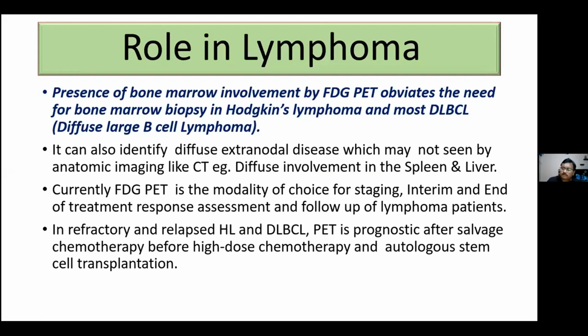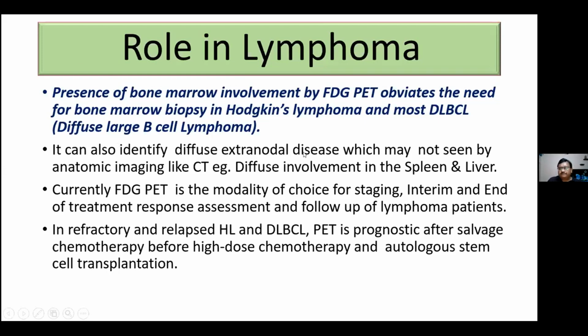Generally, when I give my reports, I write whether the marrow uptake appears normal, whether it appears discordant, or whether it appears diffuse, that is generally post chemotherapy. So in staging, I try to tell the clinician how the marrow uptake is. Though a radiologist may still have a view that marrow is better seen on MRI, I think PET CT gives a very nice view of the marrow, and once it is heterogeneous or focal, we are able to tell that marrow is involved. So this is after the Lugano guidelines.